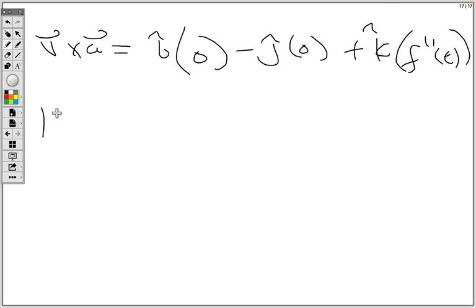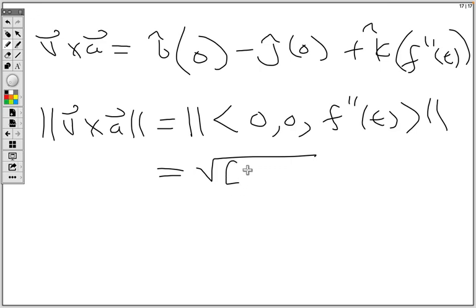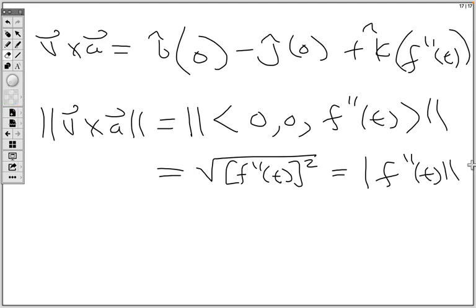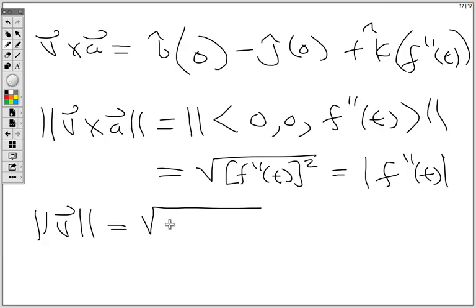And so the magnitude of that would be the magnitude of the vector 0, 0, f double prime. If you square the components, add them up, and take the square root, you get the square root of f double prime squared, which would be the absolute value of f double prime. So that cross product falls out quickly. And if I look at the magnitude of v, that's the square root of 1 plus f prime squared.